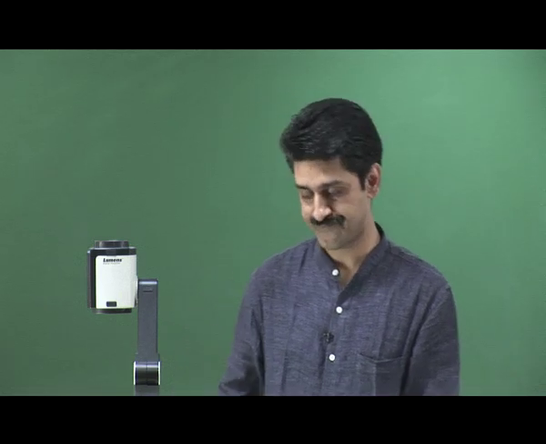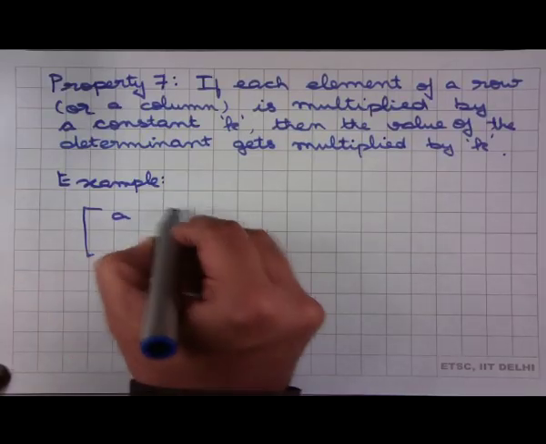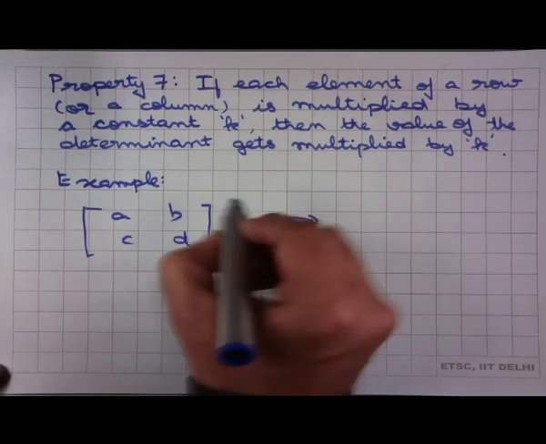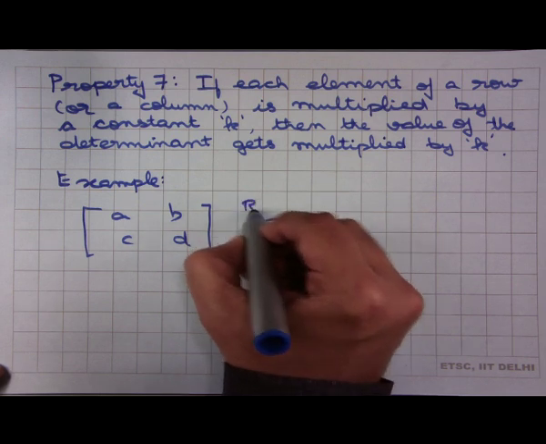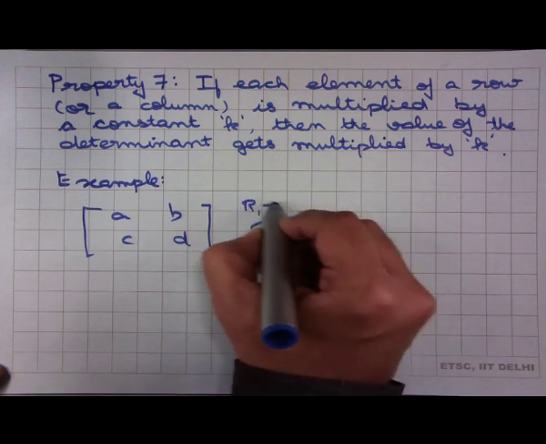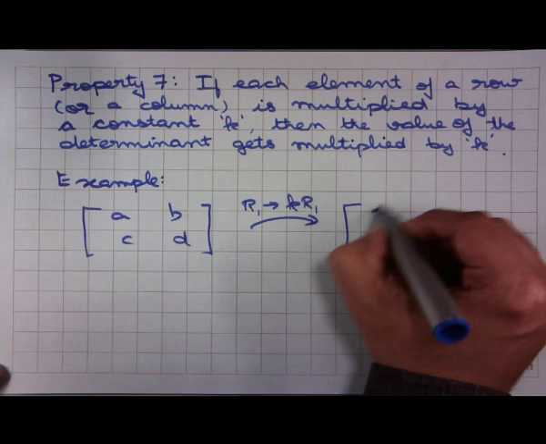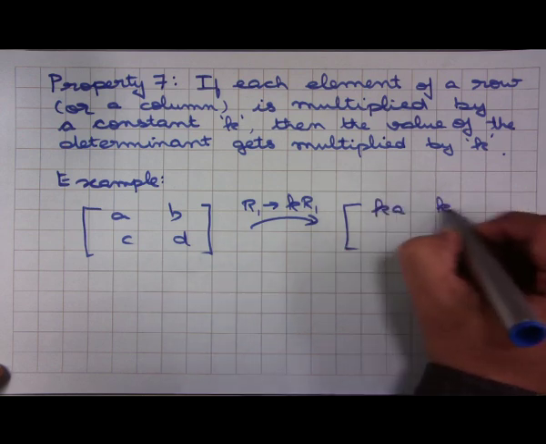So, we can look at, let us say, a 2 by 2 matrix example to see the case. If we say a matrix A, B, C, D, and the row R1 goes to k times R1, the matrix becomes Ka and Kb.